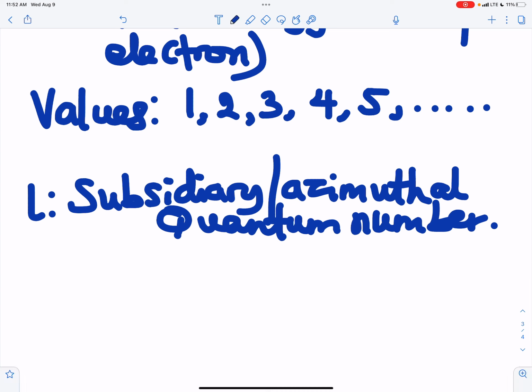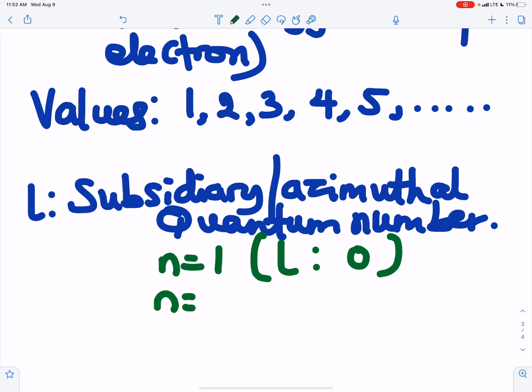Now, the values of L are dependent on the values of n. When n is 1, the value of L is 0. When n is 2, the values of L will be 0 and 1.